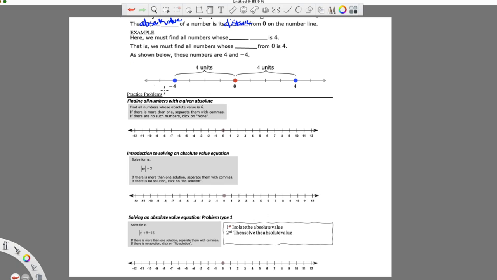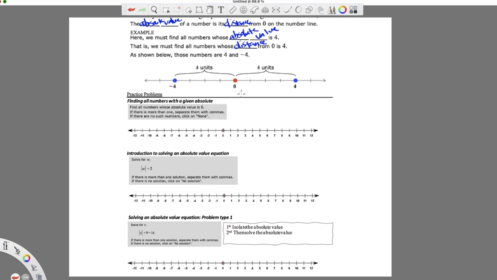So here's an example. Here we must find all numbers whose absolute value is 4. So that is, we must find all numbers whose distance from 0 is 4. As shown below, these numbers are 4 and -4.